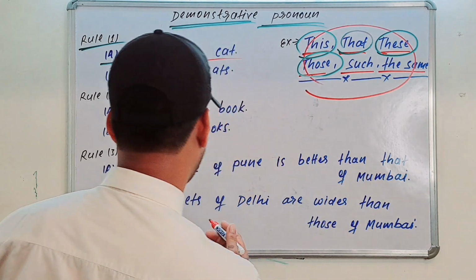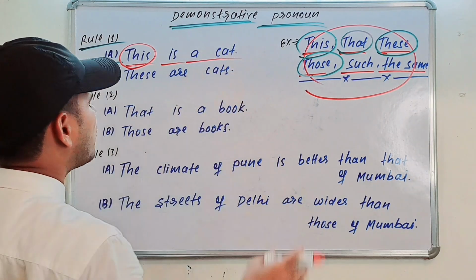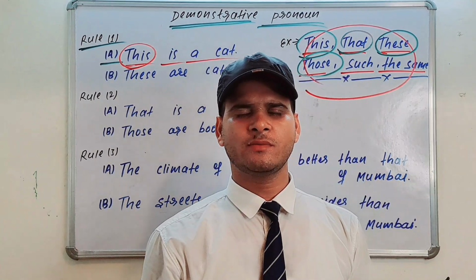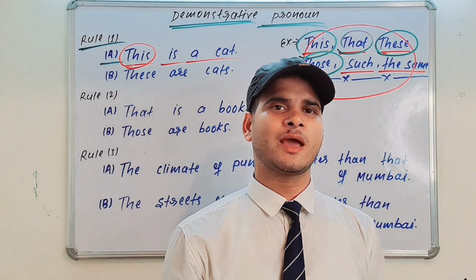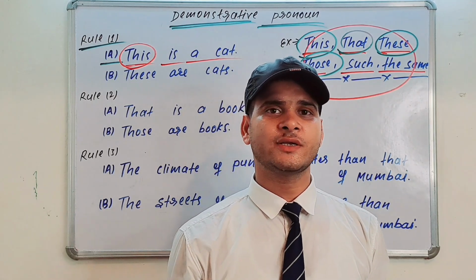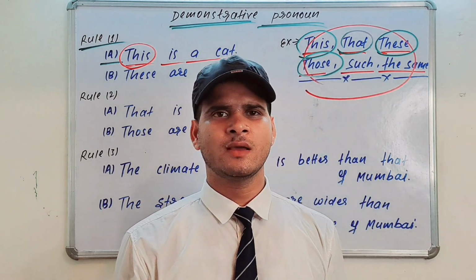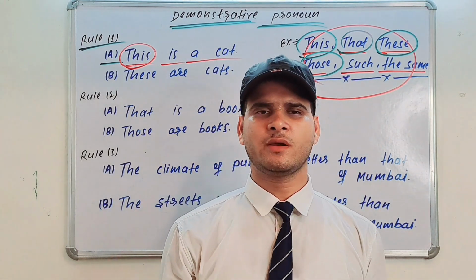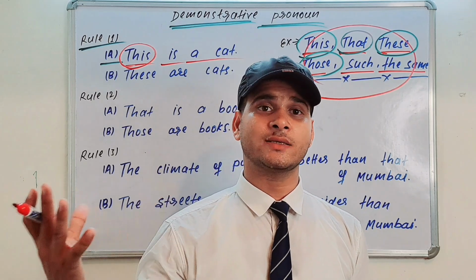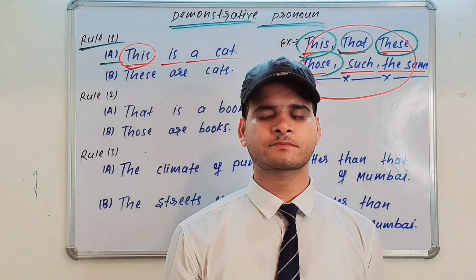Like here, this is a cat. When this is used as a demonstrative pronoun, you can imagine that the cat is near, very near to the speaker who is saying this is a cat. The cat is just around the speaker. You have to guess by using this, that, these, those.